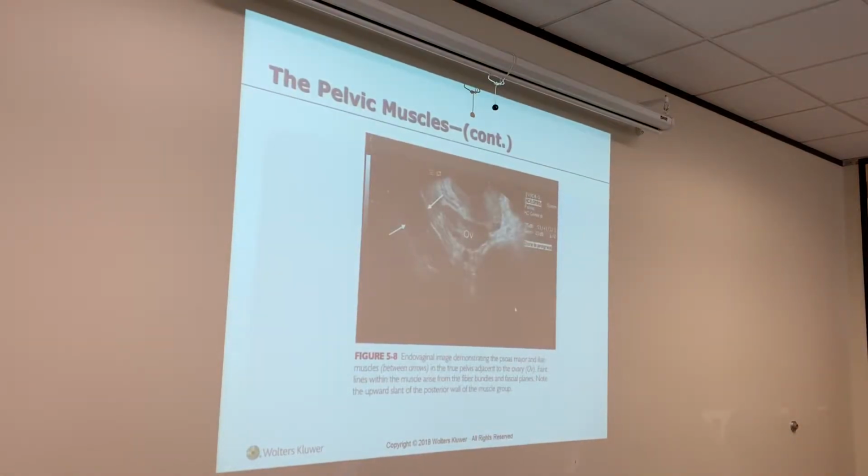Here's just a picture of the ovary, and this arrow right here is the iliac muscles. Here is your ovary. What phase is my ovary in here?